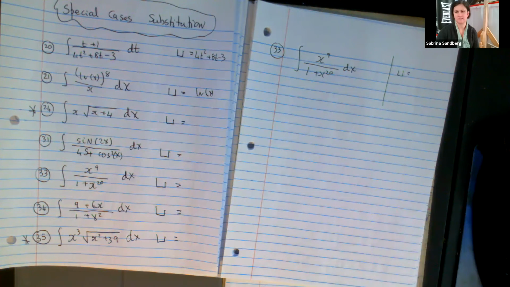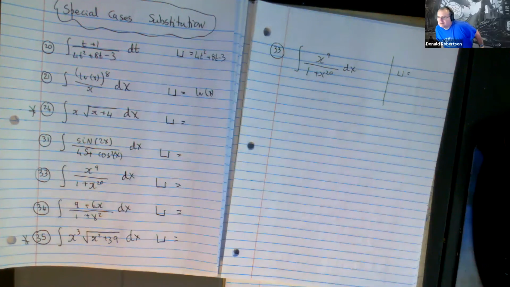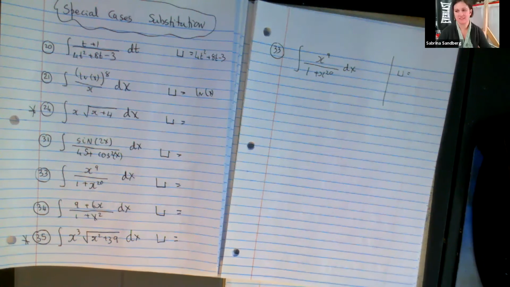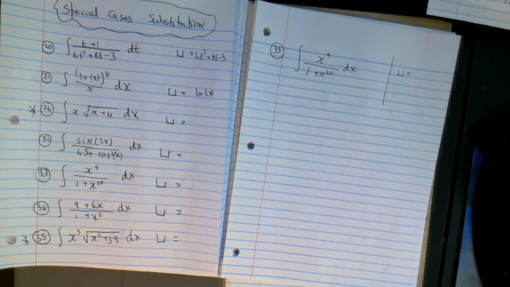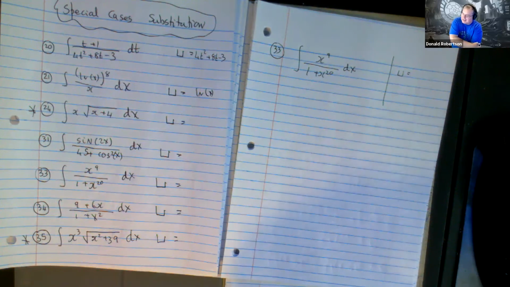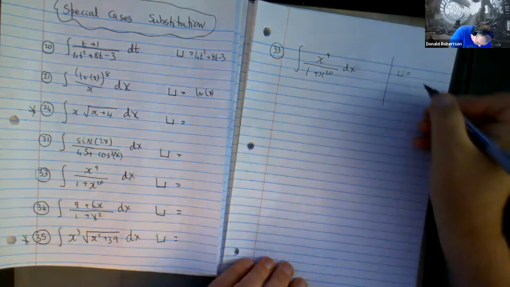Just 1 plus x? Went further away. You're colder. 1 plus x to the 10 was really warm. 1 plus x to the 9th? No. Is it x to the 10th? You're getting warmer. I heard x to the 10th.